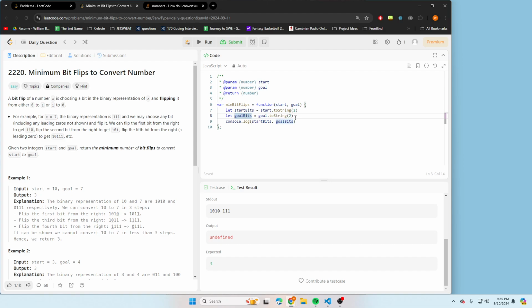So goal toString 2, goal bits is, why is it 1 1 1? Shoot. Wow, how do I know where the 0 is here?